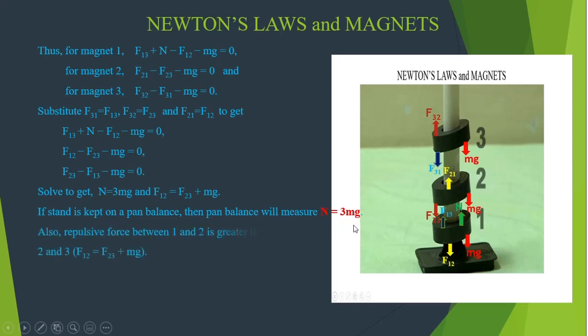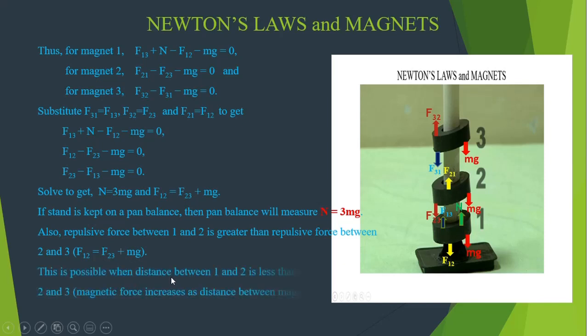Also, the repulsive force between 1 and 2 is greater than the repulsive force between 2 and 3, because F12 is equal to F23 plus mg. This is possible when the distance between 1 and 2 is less than the distance between 2 and 3. So that means magnetic force increases as the distance between magnets decreases.